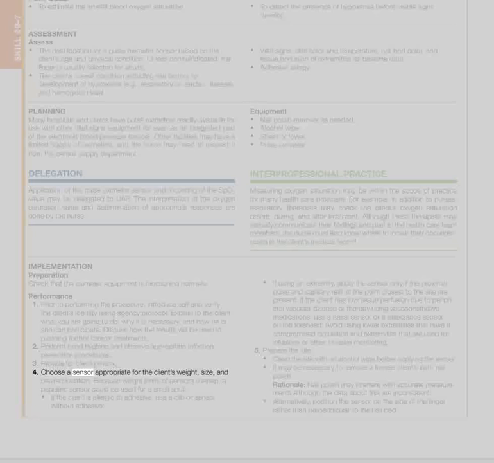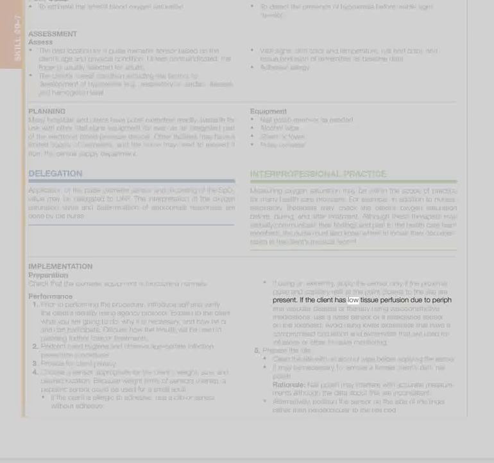4. Choose a sensor appropriate for the client's weight, size, and desired location. Because weight limits of sensors overlap, a pediatric sensor could be used for a small adult. If the client is allergic to adhesive, use a clip or sensor without adhesive. If using an extremity, apply the sensor only if the proximal pulse and capillary refill at the point closest to the site are present.